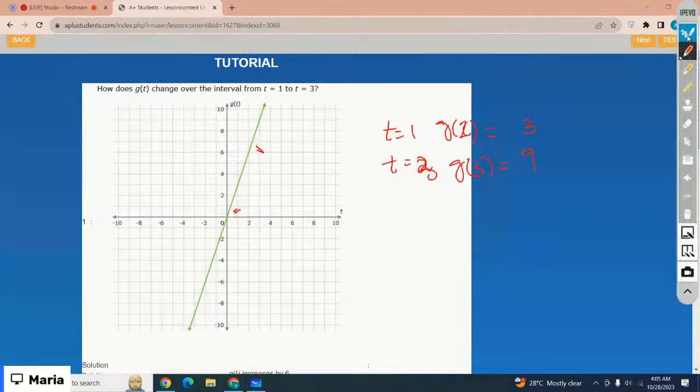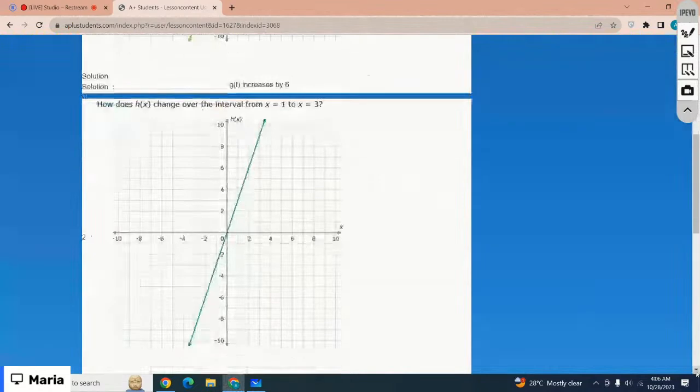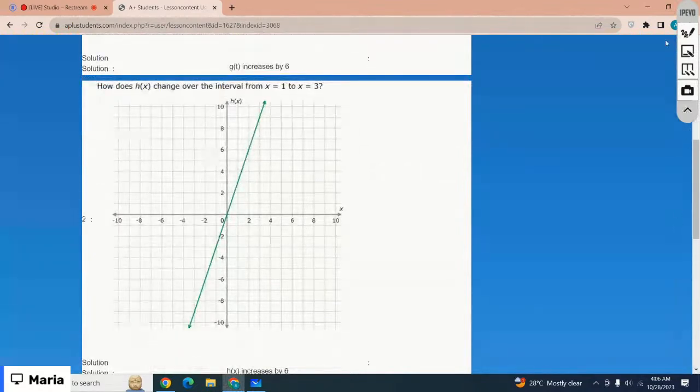So you can see the value is increased by 6, from 3 to 9. That means the function increases by 6, right? So the value increases by 6. Okay, how does h of x change over the interval from x equals 1 to x equals 3?